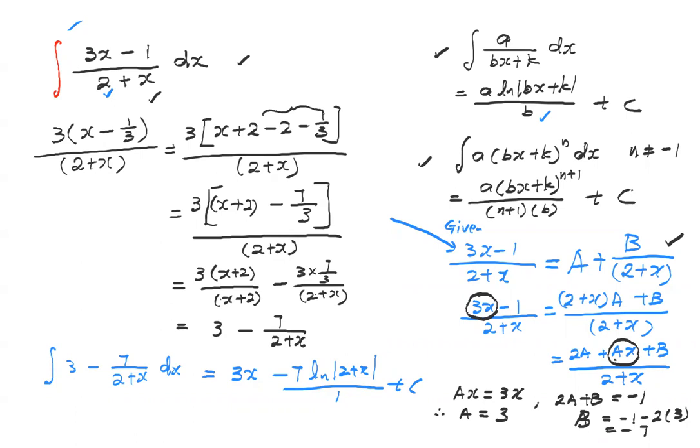Okay, done? Division will be like that. You are taking 3x minus 1, you want to divide by x plus 2. That's called long division. So now I'm going to teach you how to do it in terms of x. For example, I have 27 divided by 2.